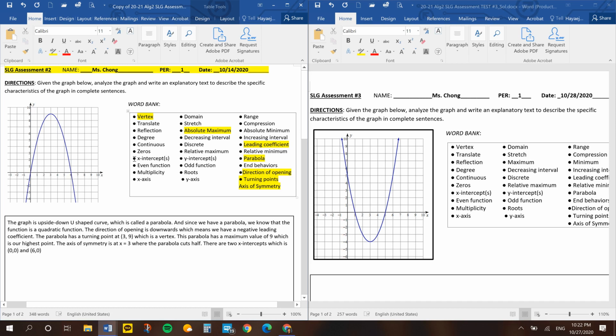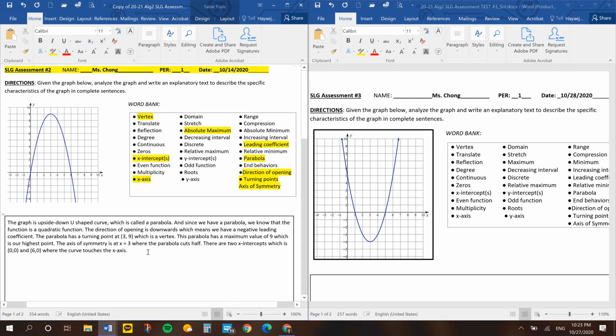So I used x-intercept. If you want to use more words, you can say there are 2 x-intercepts, which are 0, 0 and 6, 0, where the curve touches the x-axis. So I use another word.